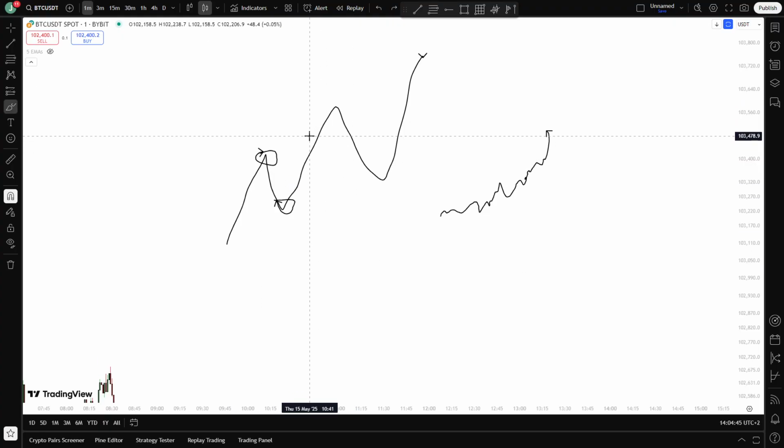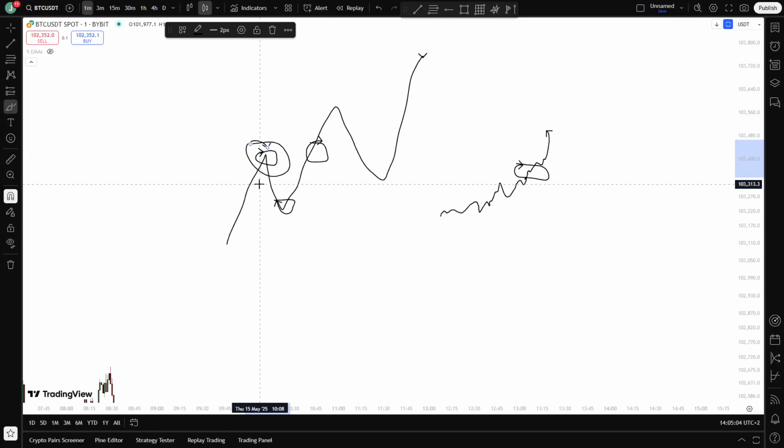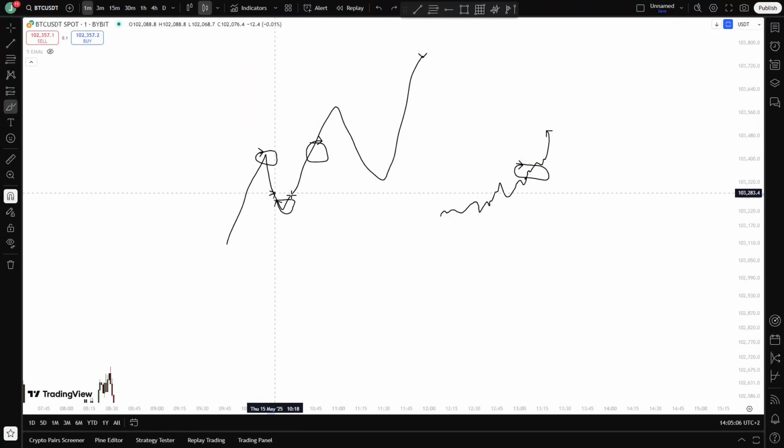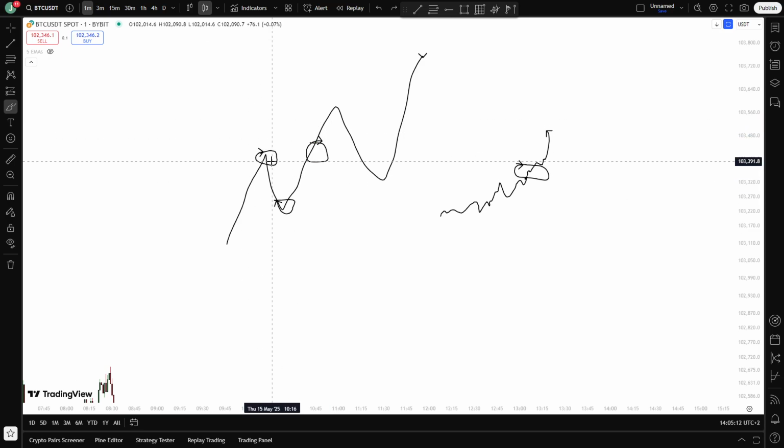Let's just, for a quick example, say here the price did something like this, not going back to this level. Now this is a level we watch. So it's either we are watching the previous high, or the previous low, or there is something in the middle.